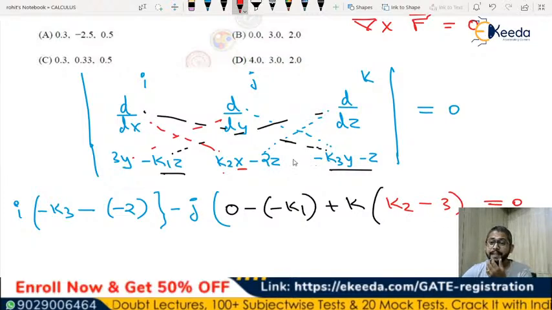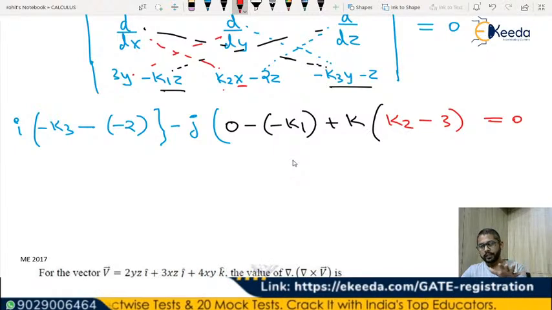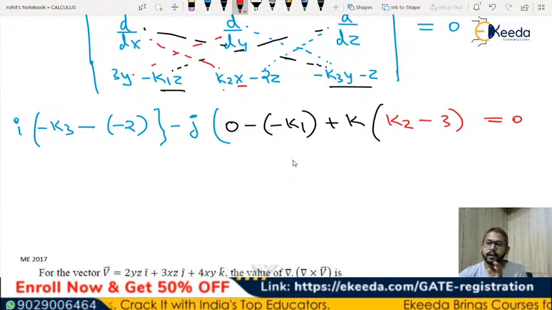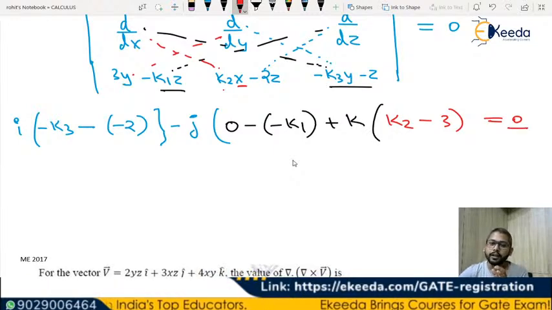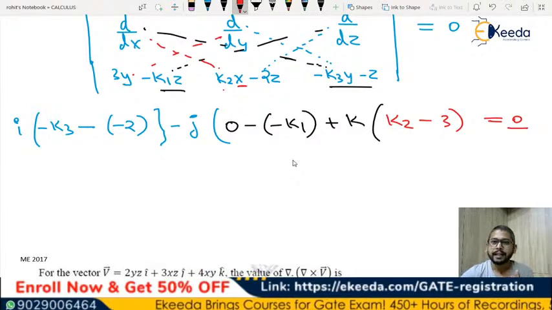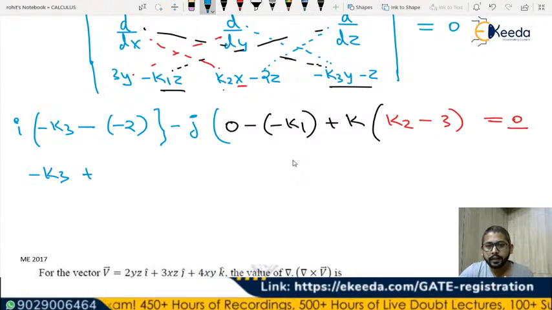Now you have to see that i, j, k components are all independent components. You cannot calculate them together, right? So if the curl is 0, that means all the components i, j, k have to be 0, and that is possible when you make this minus k3 plus 2 equal to 0.